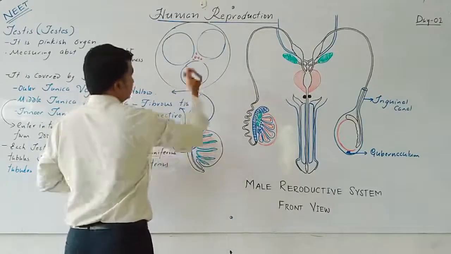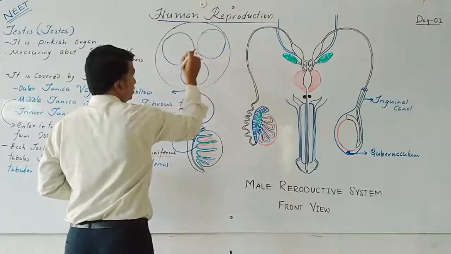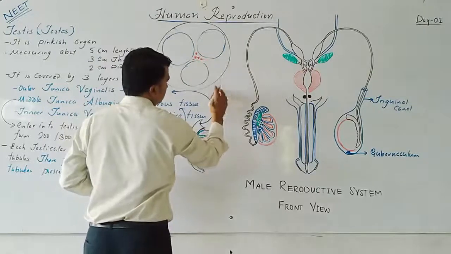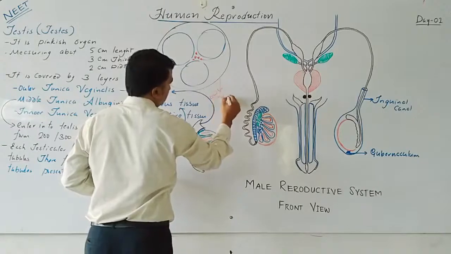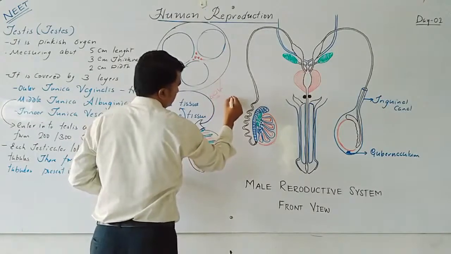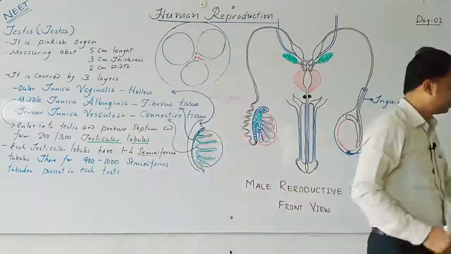Some special cells are present in this space between the seminiferous tubules. These cells are nothing but the Leydig cells. Yes, so these are the Leydig cells.